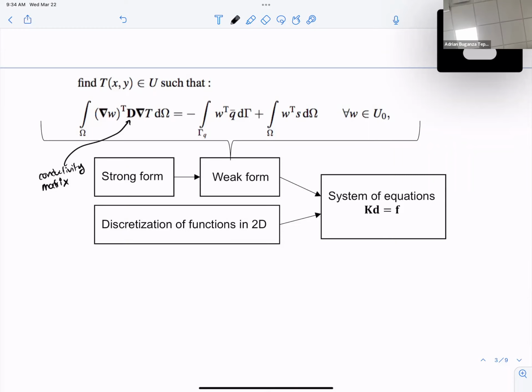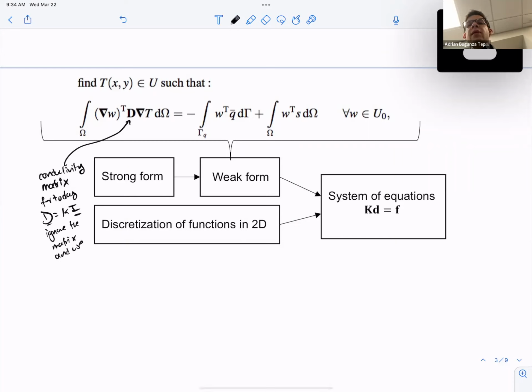But for today's class, I'm just going to use isotropic conductivity. So then no D, just a single constant K. For today, D is just K times the identity, so we can ignore the matrix and just use K, the conductivity. But this is a little bit more general.